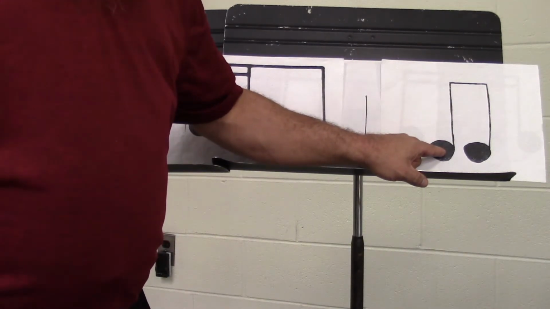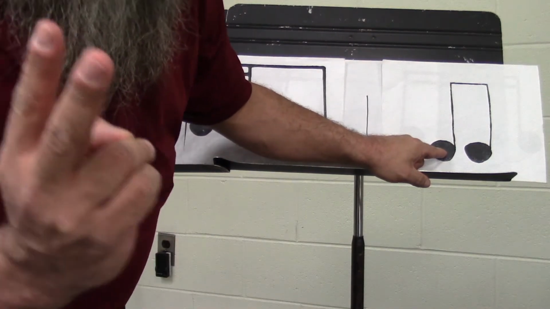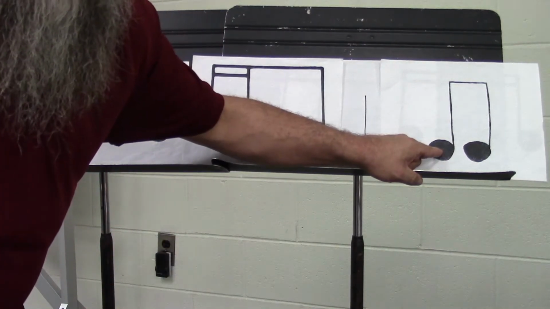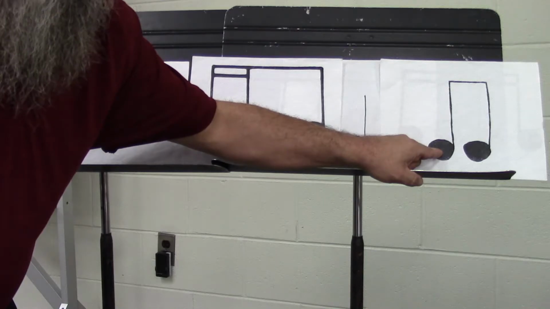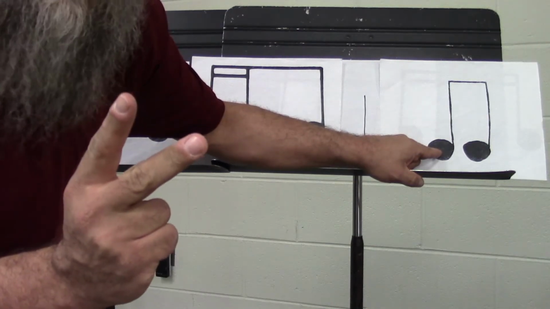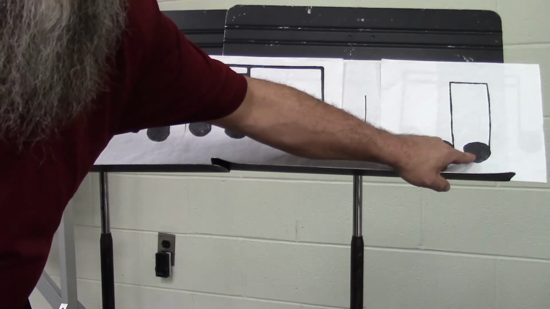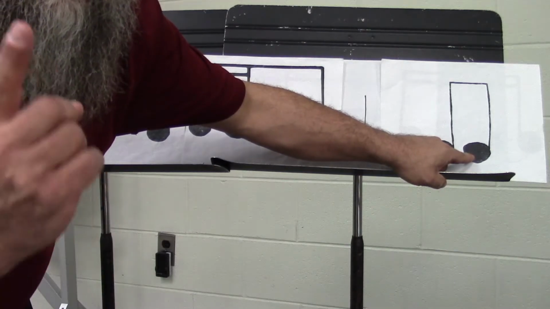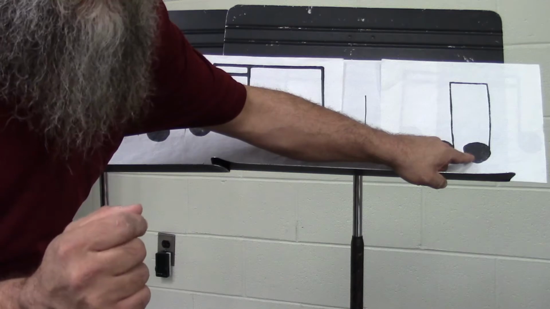We have an eighth note. How many 16ths in an eighth? 2. What do we count on this eighth note? We're going to count 4 E, because 4 E is 2 16th notes. What do we count on this eighth note? We count "and" because there are 2 16ths in an eighth.